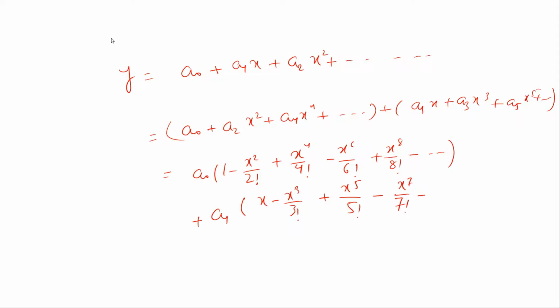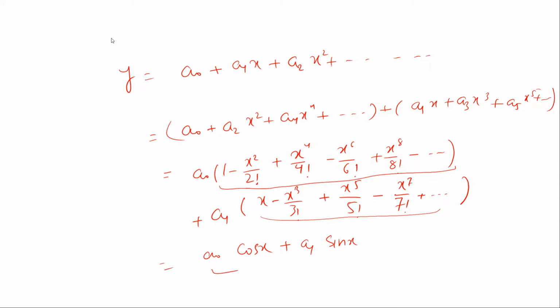So we know that these are the power series expansions for a0 cos x, plus these are the expansions for sin x. So we get a0 cos x + a1 sin x, and we know that this is the solution for this problem.